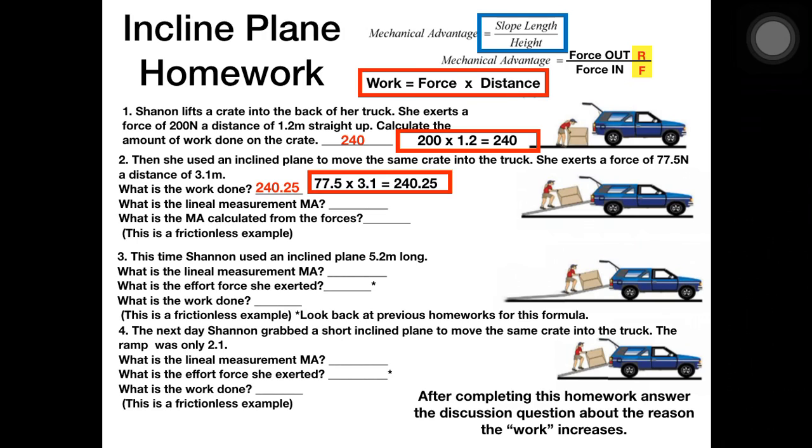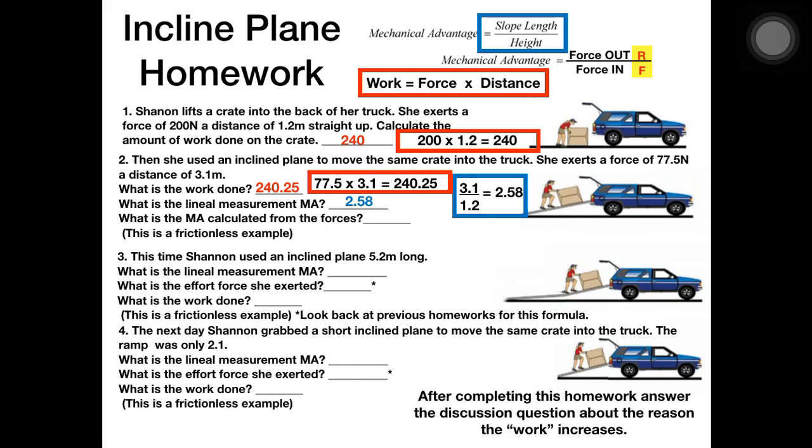But we know what the height is because in number 1, it told us that she lifted the box 1.2 meters straight up. So, we will be using the blue box, and we will be dividing 3.1, the length of her inclined plane that she's going into the truck there with. And the height we know was 1.2 meters straight up. So 3.1 divided by 1.2 equals 2.58. So the mechanical advantage is 2.58.